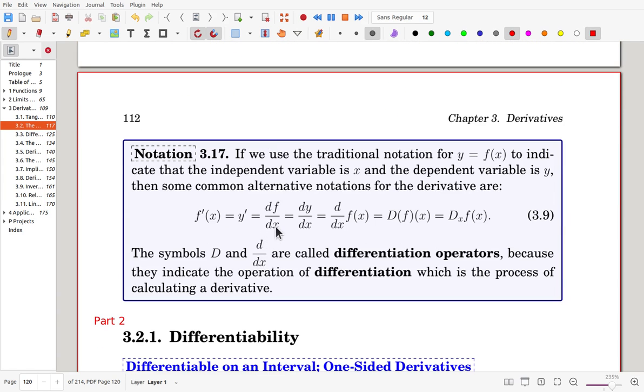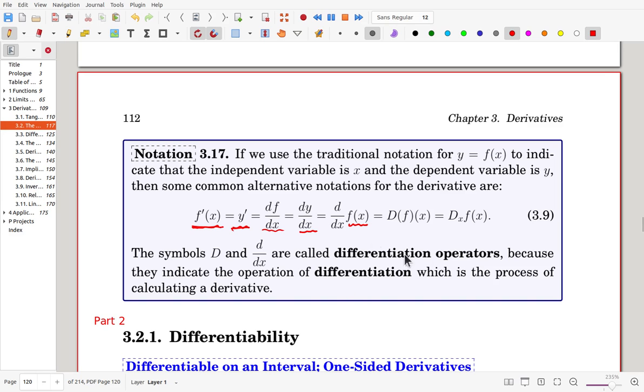Now the derivative is notated in various ways, and we usually use f prime or y prime, but we'll also occasionally use df over dx or dy over dx, and sometimes d over dx of f(x). We'll use these notations occasionally, but very frequently we are using these two notations.